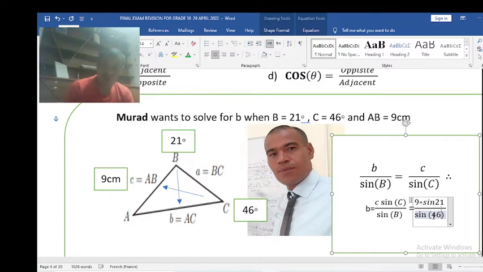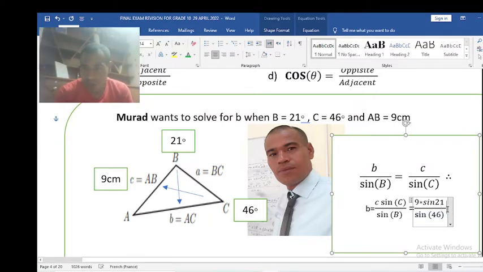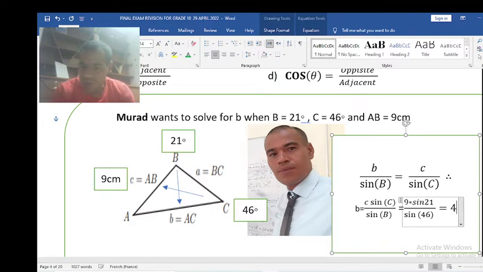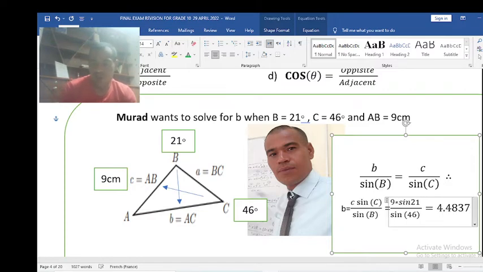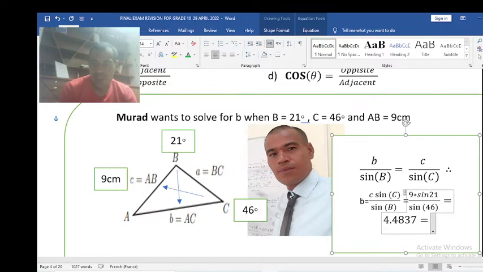To 4.483. Okay, so this one equal to 4.837. 2 decimal places, so should be equal to 4.484 centimeter to 1 decimal place, 3 decimal places.